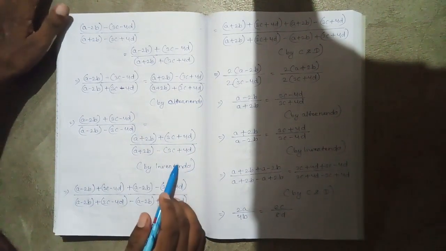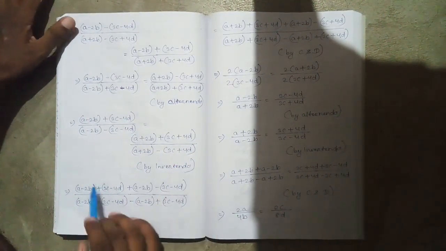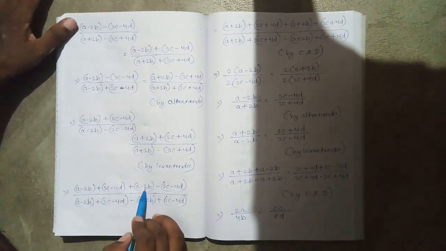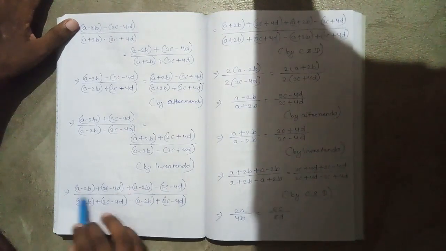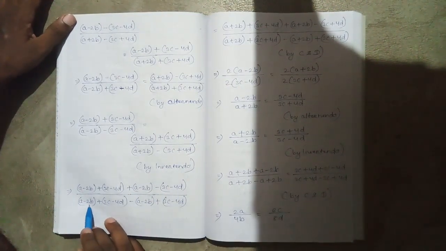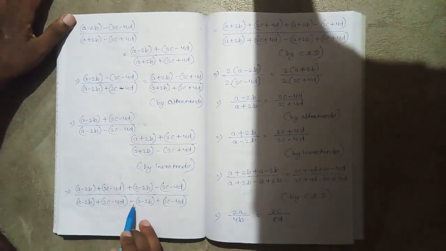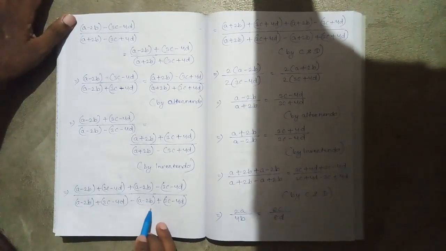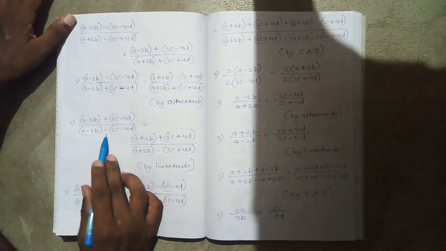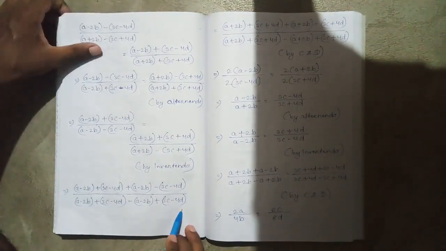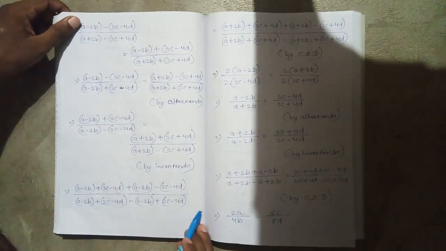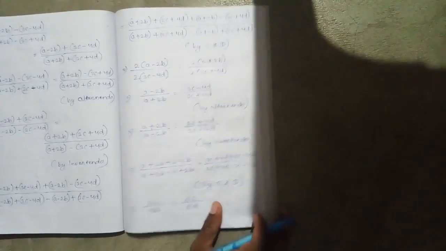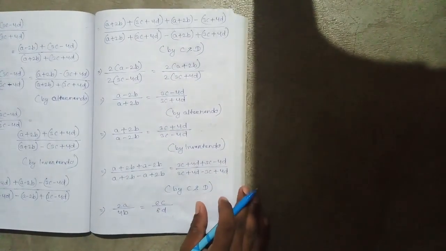So on using componendo or dividendo we get a minus 2b plus 3c minus 4d plus a minus 2b minus 3c minus 4d by a minus 2b plus 3c minus 4d minus, okay, minus of this means minus a minus 2b, then minus minus plus, so plus 3c minus 4d. Whenever you encounter negative sign you have to be careful, extra vigilant. Okay, this is equal to, again on the right side, c plus d by c minus d.